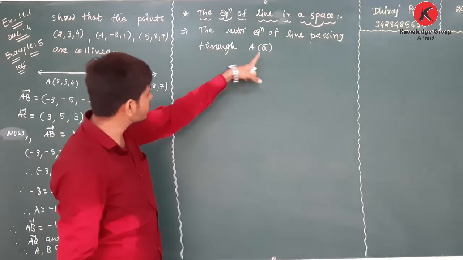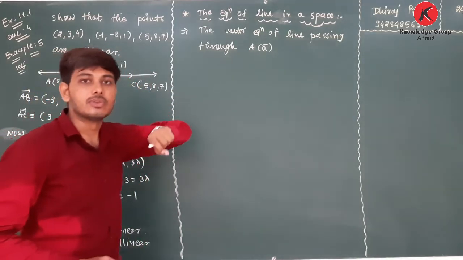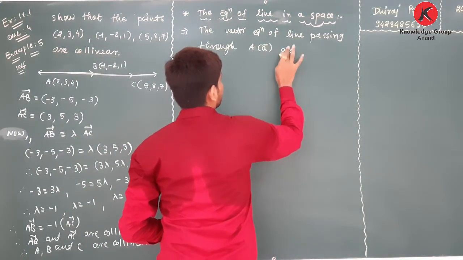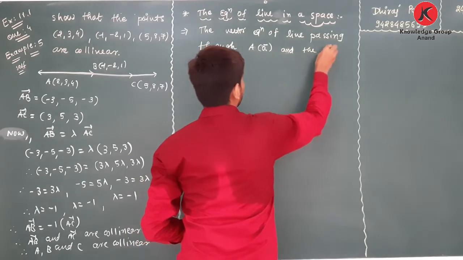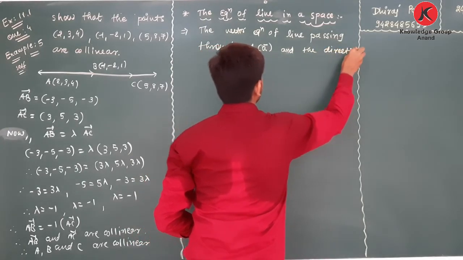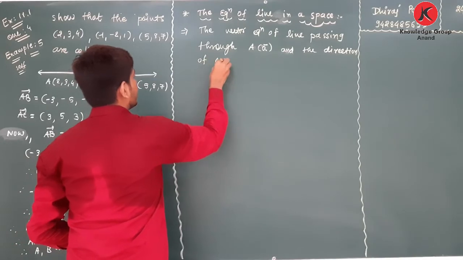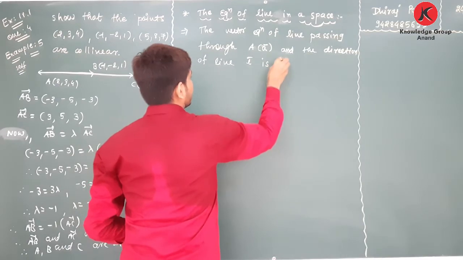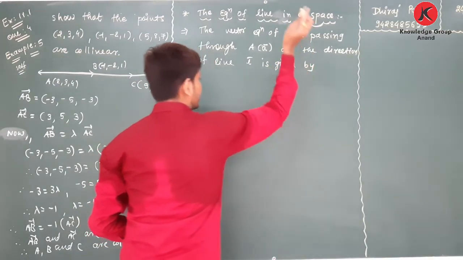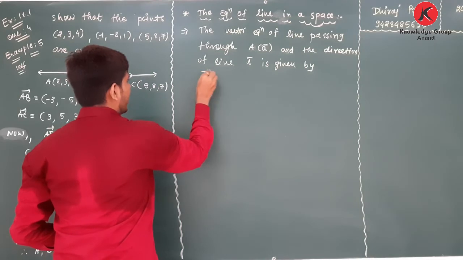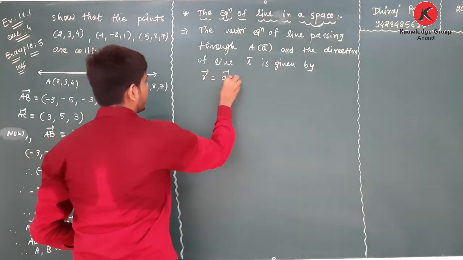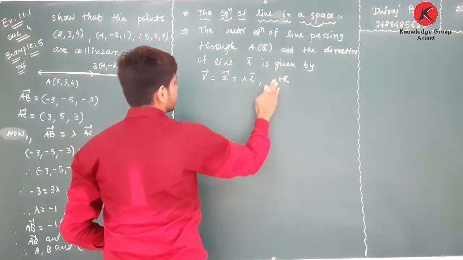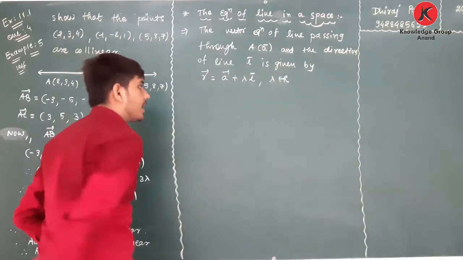A bar is the position vector of point A with respect to the origin, and the direction of line L bar, okay, is given by R bar equals A bar plus lambda L bar, where lambda is any scalar, meaning lambda belongs to R.